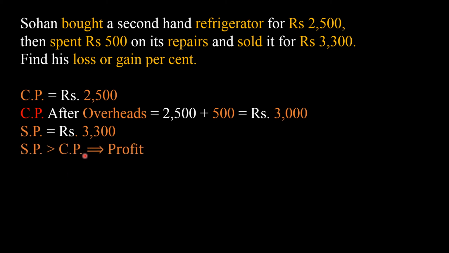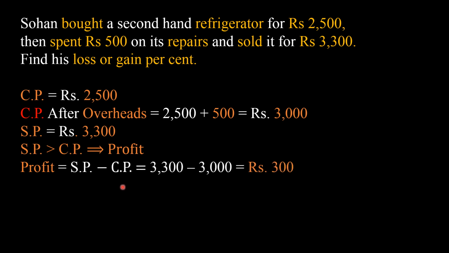In this case, the selling price is greater than the cost price. Naturally, Sohan has made profit in this dealing. So profit is selling price minus cost price, which is 3,300 minus 3,000, which is rupees 300.